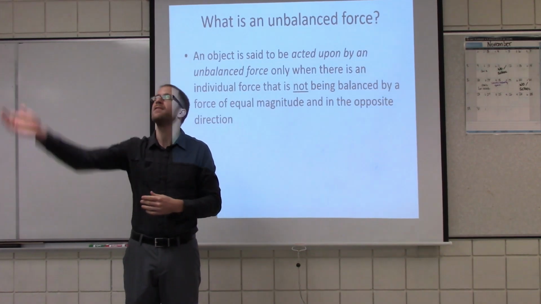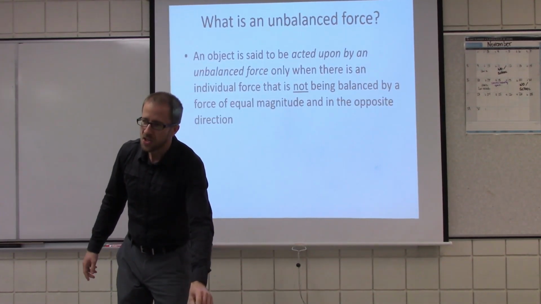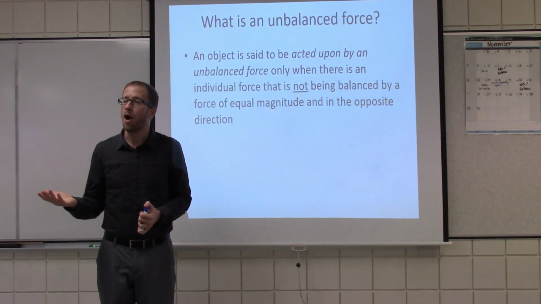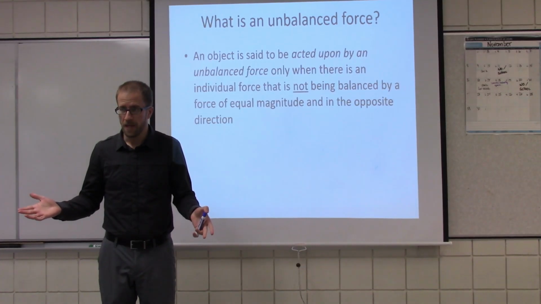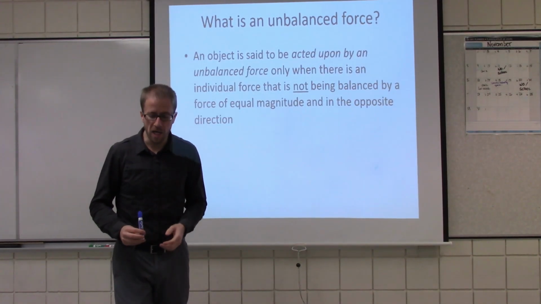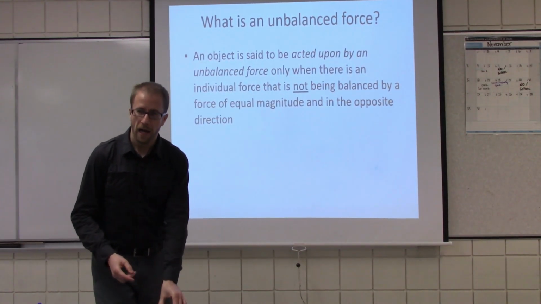That's why I don't spontaneously fly up into the air or go to the center of the earth, right? So those forces would be equal and opposite. They are balanced.